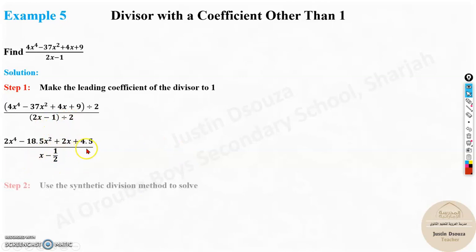So now we can use the synthetic division method. All you need to do is, what is this 0? x equals half or 0.5. That's it. Take it to the other side. You can just change the sign and write 0.5. Write the coefficients. 2. And now over here, it's very important. x power 4, the coefficient is 2.